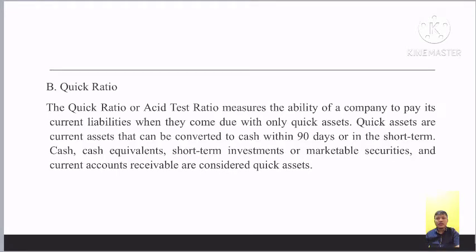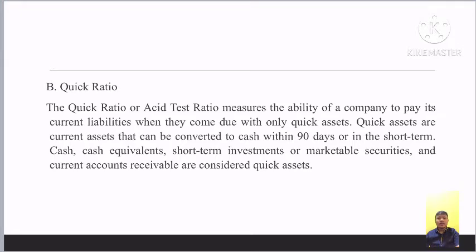The next slide is quick ratio. The quick ratio, or acid test ratio, measures the ability of a company to pay its current liabilities when they come due with only quick assets. Quick assets are current assets that can be converted to cash within 90 days or in the short term.